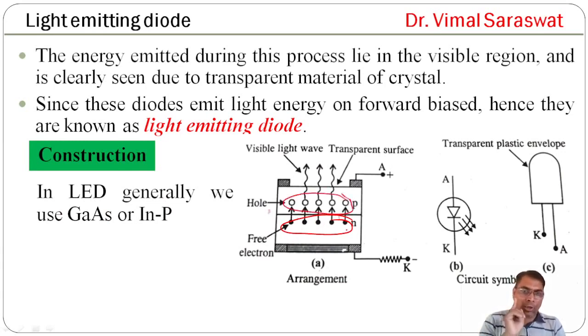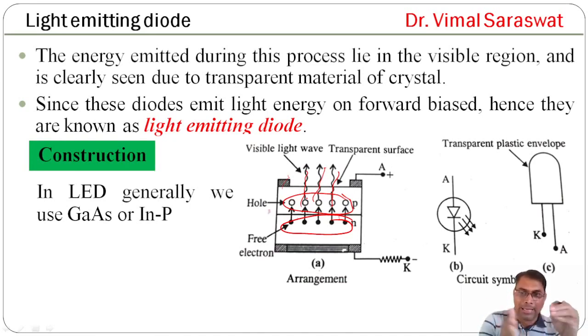So when an electron jumps from a higher energy level to a lower energy level, in this process electron hole recombination starts, and this is the light or energy, because here the electron jumps from a higher energy level to a lower energy level, so it emits energy, and this energy is in the form of visible light.